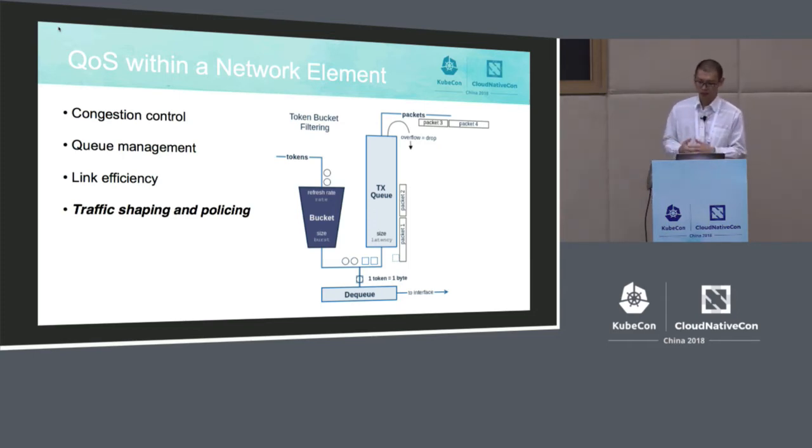And then comes the traffic shaping and policy management. What's the difference? The traffic shaping relates to the cache, to cache or to store the packets temporarily. It relates to several algorithms. We use a token bucket. For instance, we'll limit the bandwidth.